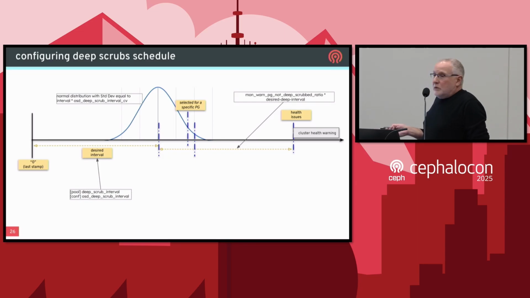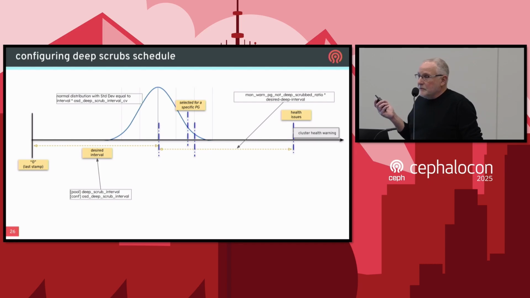Now, we also changed the way we handle the health warning. The parameter is there. It wasn't changed by itself, but the cluster health warning will now start from the desired interval times the deep scrub ratio. Okay, the parameter itself didn't change.